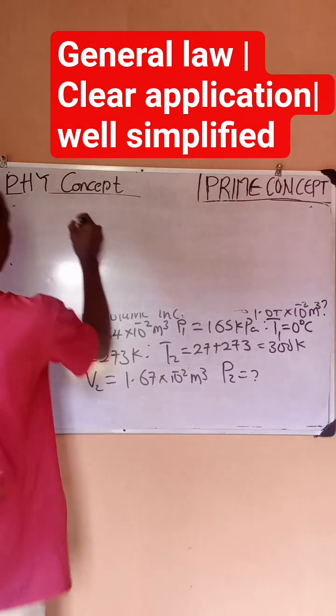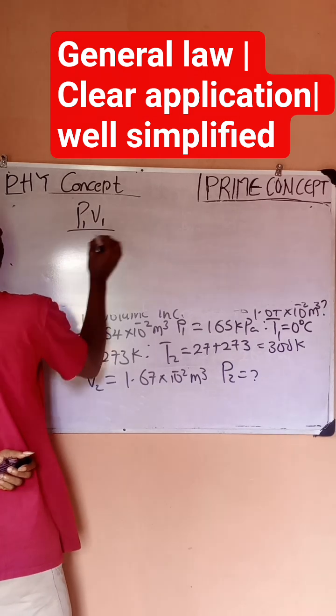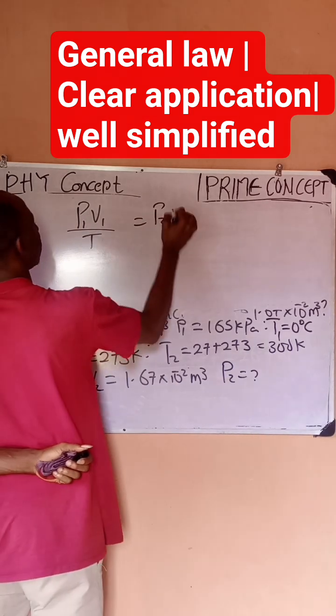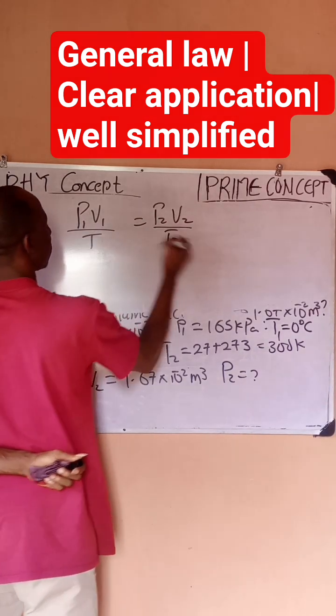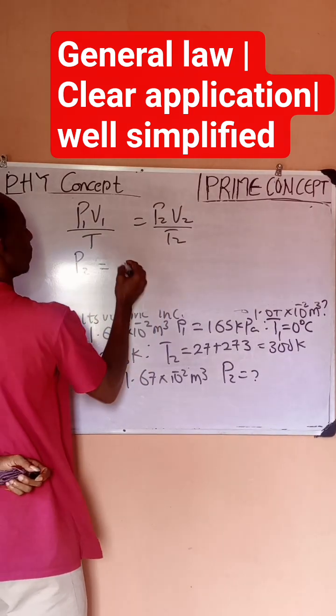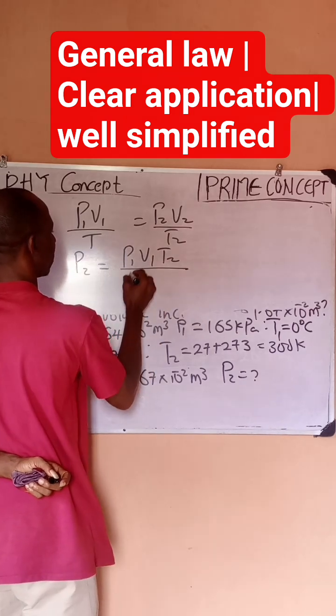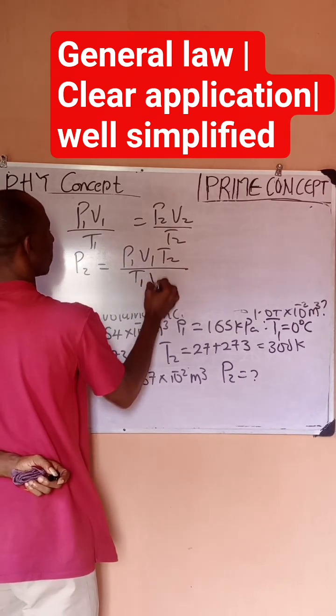So recalling, we have P1 V1 over T1 equals P2 V2 over T2. So we're trying to find P2. So P2 is going to be P1 V1 T2 all divided by T1 V2.